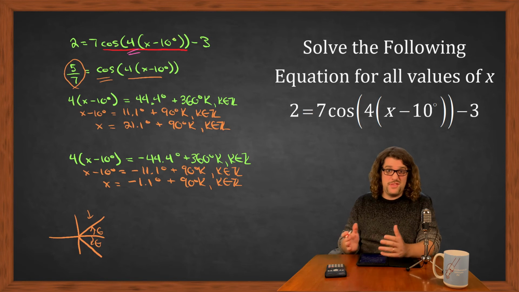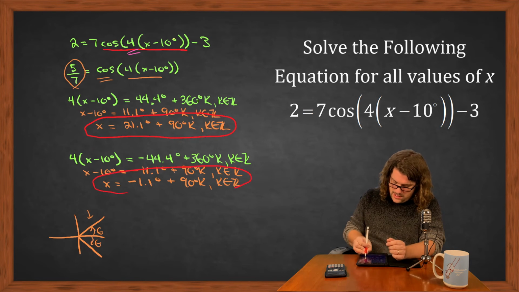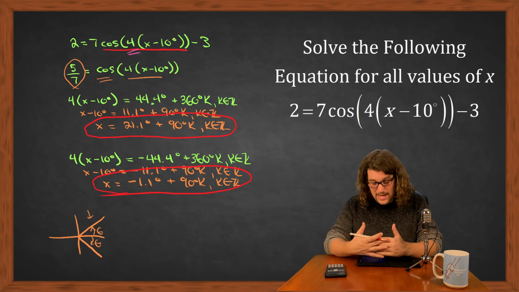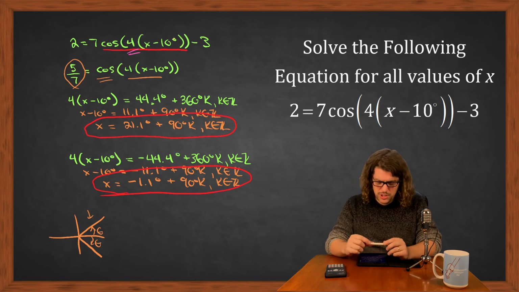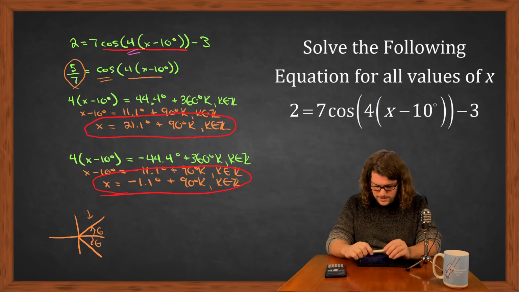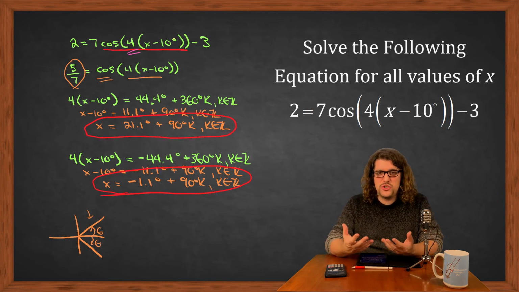If you're happy with that and you don't care about checking or figuring out what's going on, then this combined with this are the final answers to our problem. You're going to get every single possible solution by following these 2 lines of solutions, not linear equations.